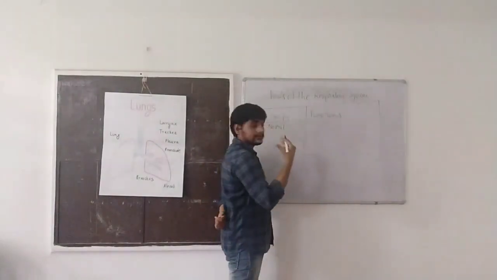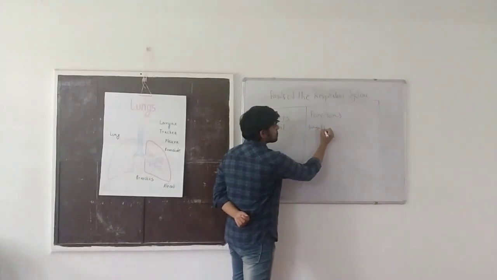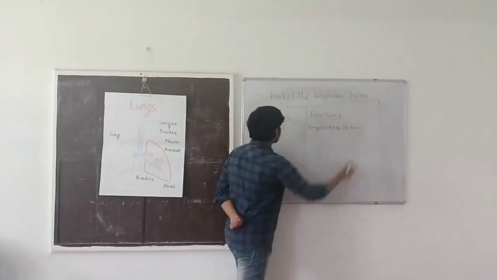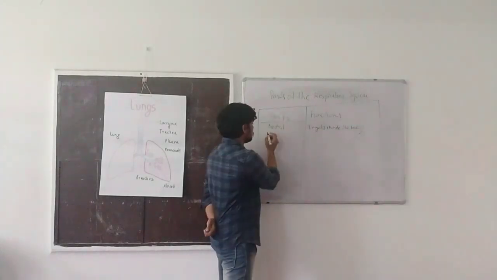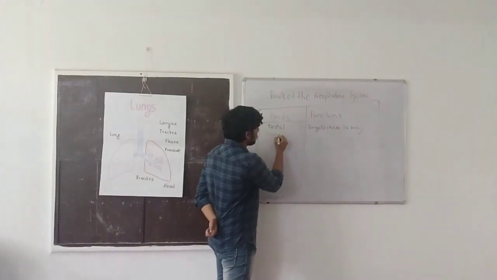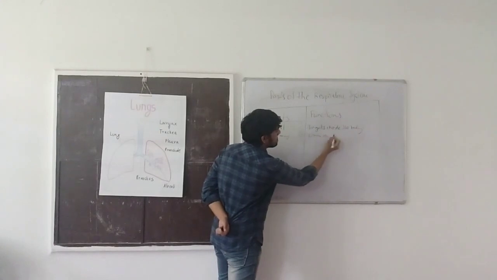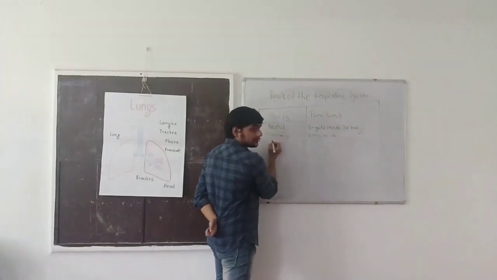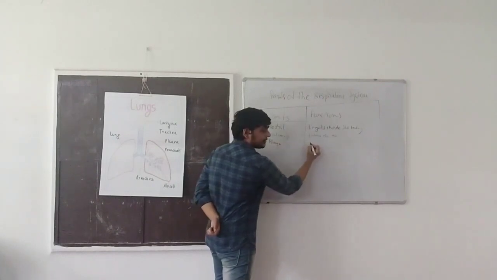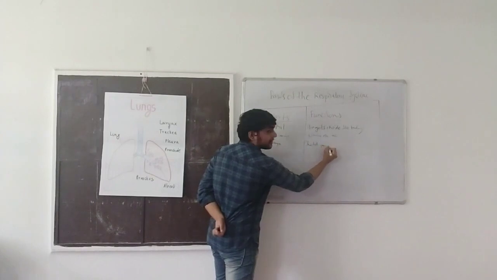Air comes here, that's inside the body. Then comes what after nostril? Nasal cavity. It warms the air. Then comes pharynx, the initial part of the trachea.